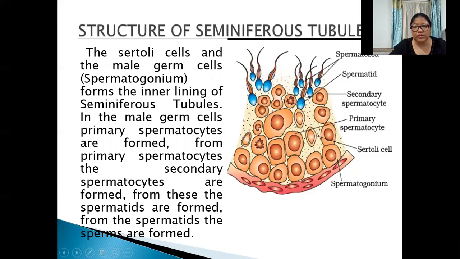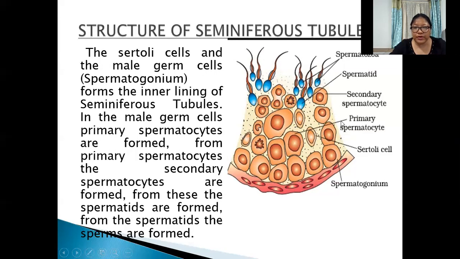This is a sectional view of a seminiferous tubule. So the Sertoli cells and the male germ cells, that is this spermatogonium, these two form the inner lining of the seminiferous tubules. It is in these male germ cells that we get the primary spermatocytes. See, this is the male germ cells, and here the primary spermatocytes are formed.